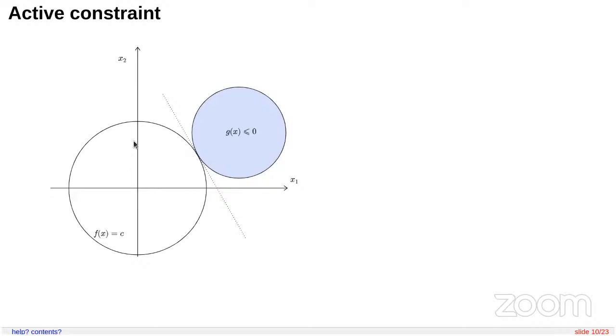So now the contours of f are going to be tangent to this particular constraint at this particular point, and that is going to be the optimal point. So this is the gradient of f. Can someone tell me why the gradient of f is pointing in this direction?